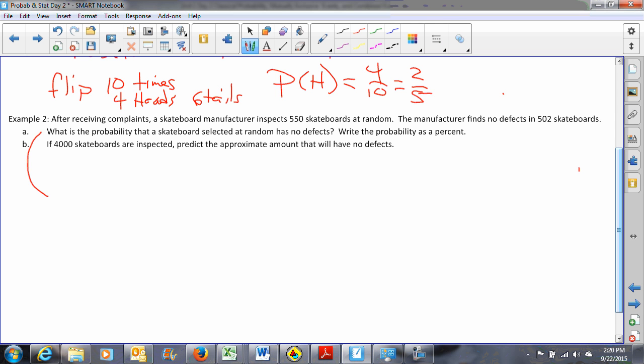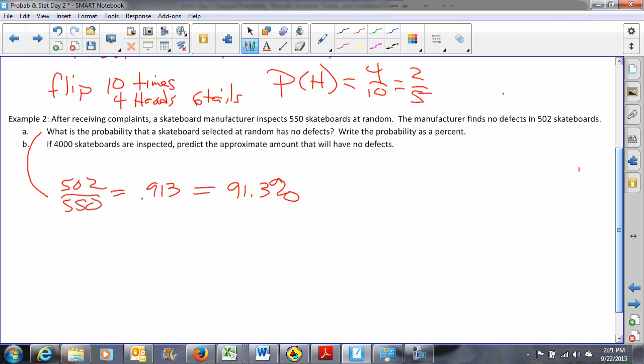Well, that would be 502 over 550, and that is an experimental probability. Now, write the probability as a percent. To do that, we would divide 550 into 502, and we get 0.913 as a decimal, which is the same thing as 91.3%.